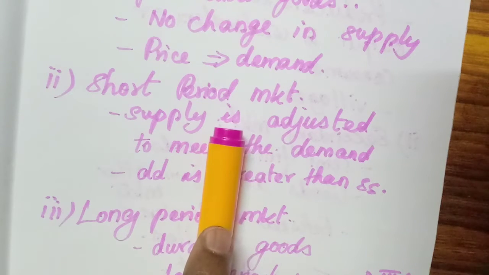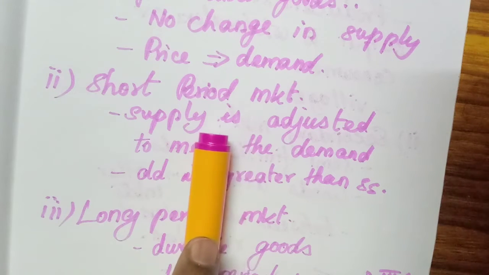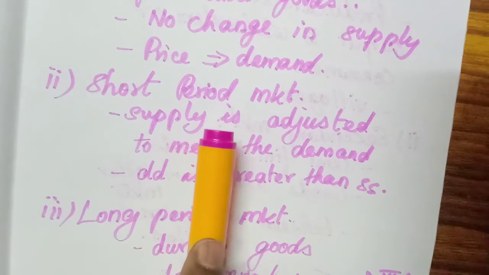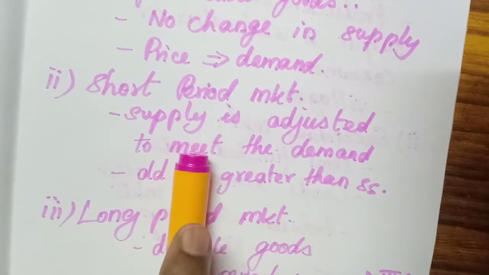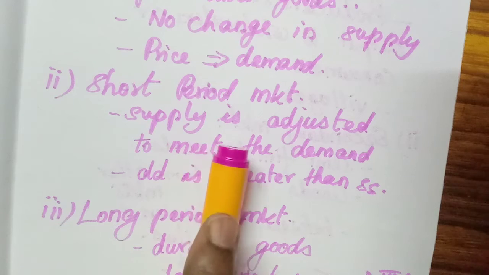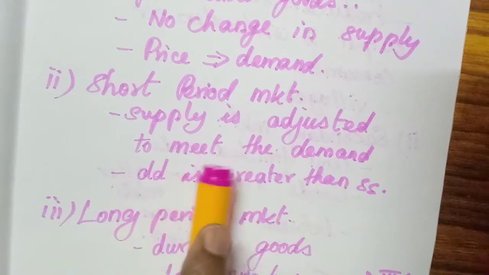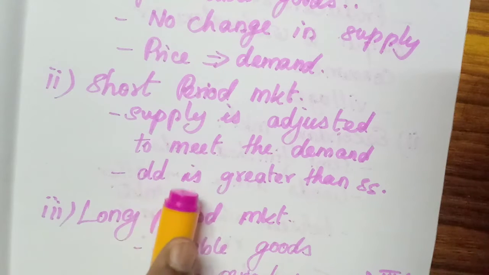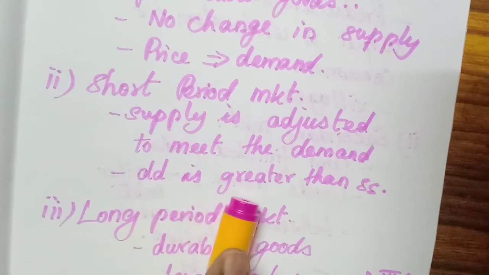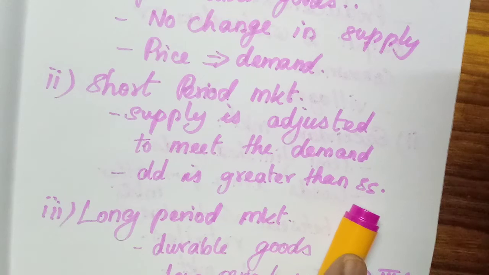But can they produce within that short period? No. They have to produce throughout the year, but they have to supply and adjust to the demand. The demand will be very short. That time everyone will come to buy umbrellas, isn't it? So that short period demand will be greater than the supply.